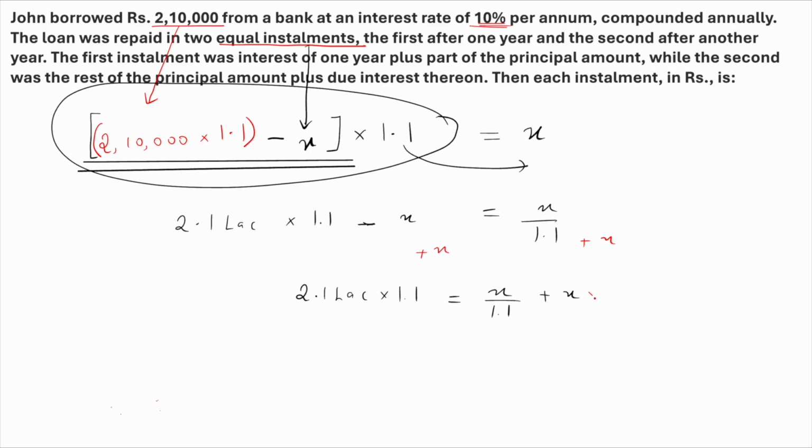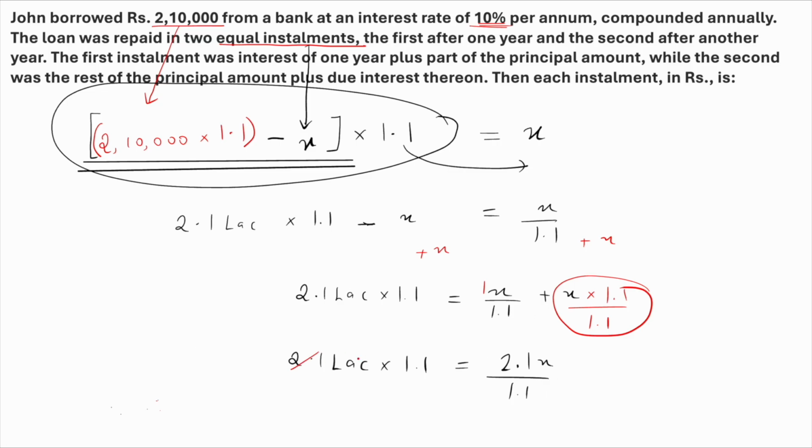Now this x I can multiply and divide by 1.1. So technically this part becomes 1.1x upon 1.1. To that you are adding 1x upon 1.1. This is equal to 2.1x upon 1.1. So 2.1 lakh into 1.1 is equal to 2.1x upon 1.1. So now we'll multiply both sides by 1.1.